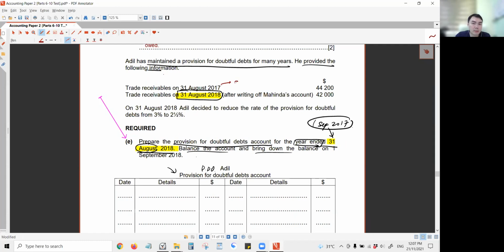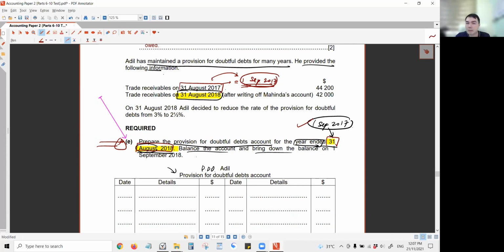You can see this the same as 1st September 2017. Because the answers that we are doing here, we follow this requirement sentence. The year end is this, and beginning of the year is 1st September 2017. Therefore, if they give you a date which is the previous year's end, you can see this as the same as 1st September 2017. Just the next day, right?